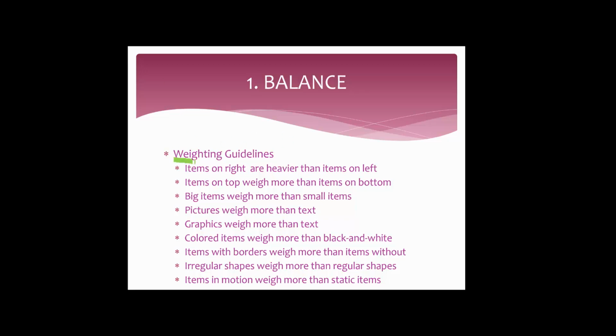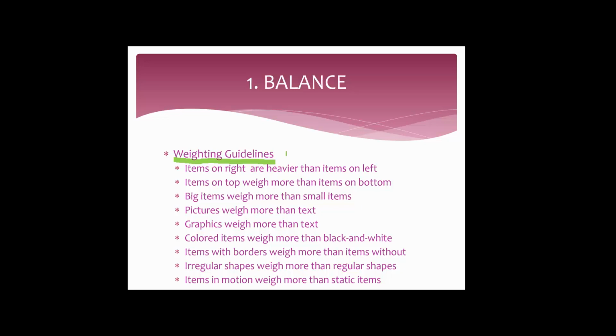So you want to think about weighting guidelines, as in not I'm going to wait in a line, but weight, like using weights to weight lift, but adding weight to things like this thing weighs more than this thing, right? If you think about your document or your interface, whatever it is that you're building, as some things weigh more than others, all right?